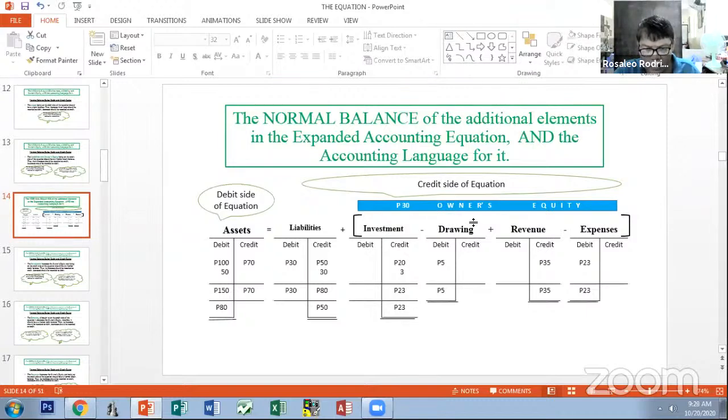Now, this is a transaction wherein the owner of the business takes assets, maybe in the form of money, or takes away assets from the business. So the owner is a separate accounting entity from the business.